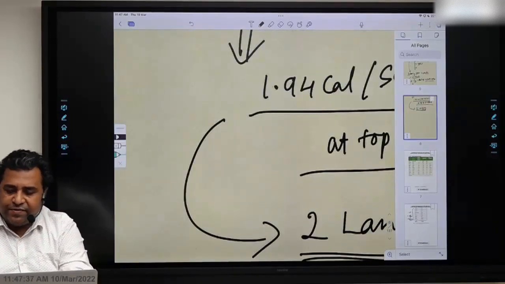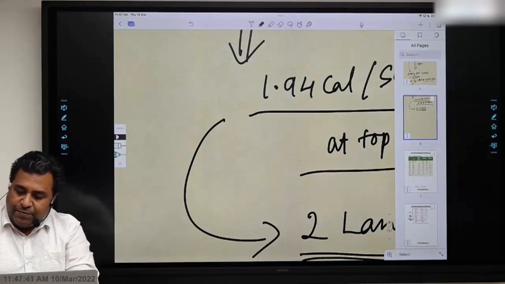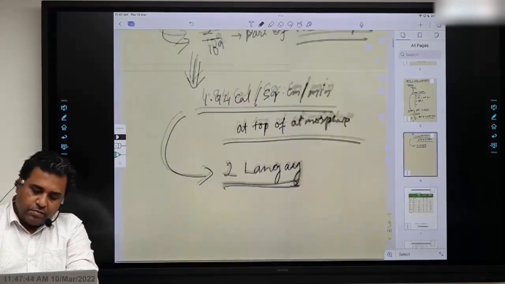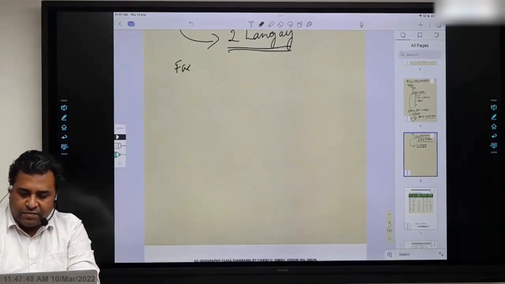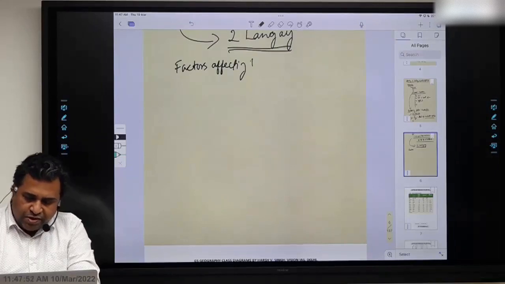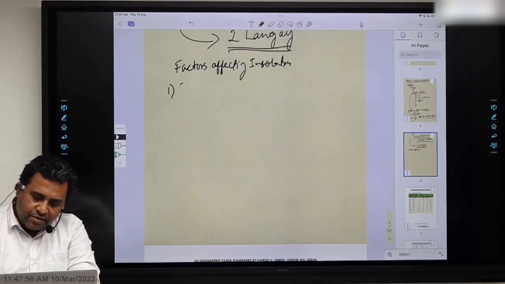Let us write one by one. The first factor is the shape of the earth.